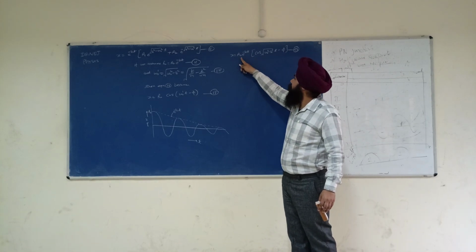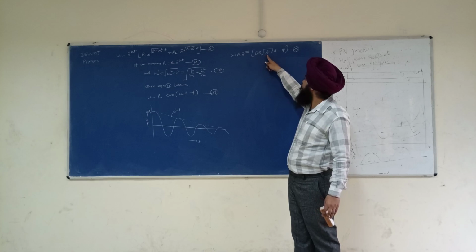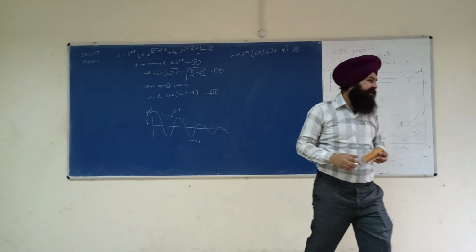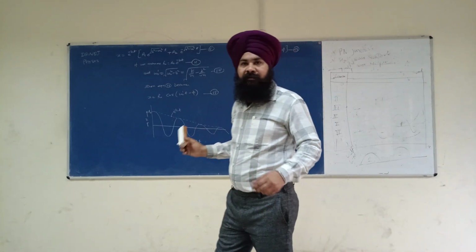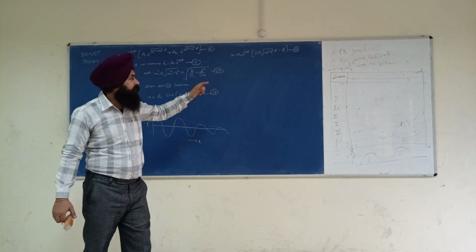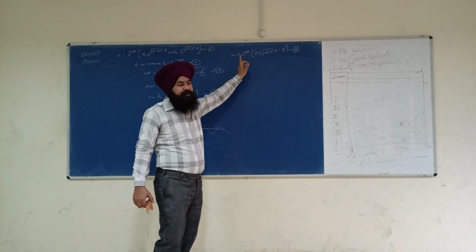X is equal to A naught into e raised to power minus bt, cos of square root of omega naught square minus b square into t minus phi. Am I correct? This is the equation of the lightly damped oscillator.